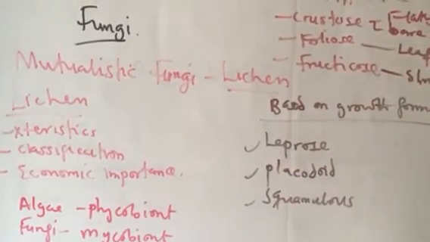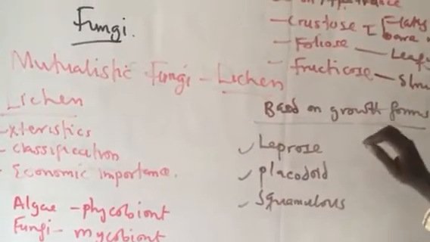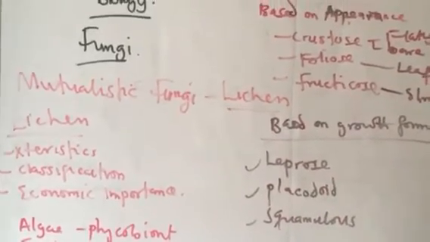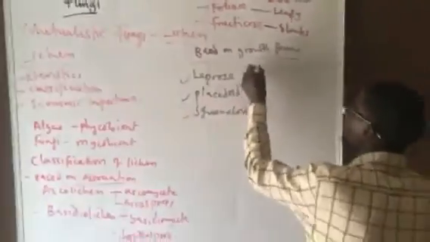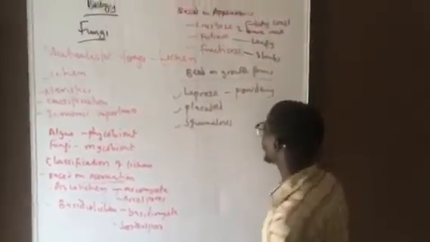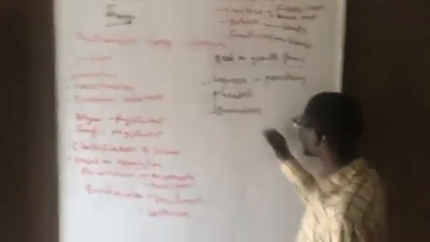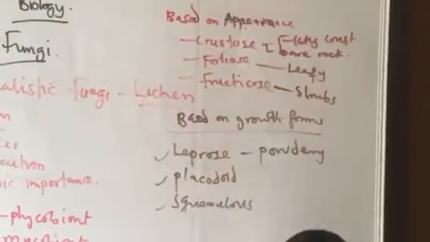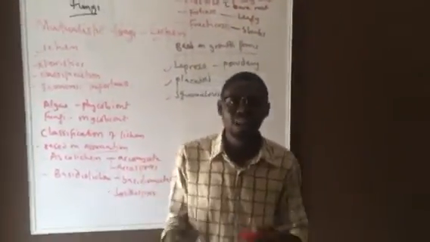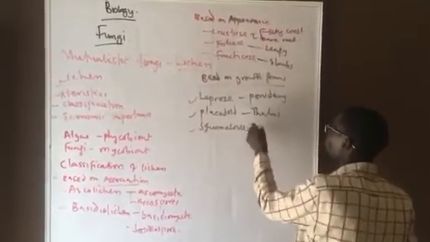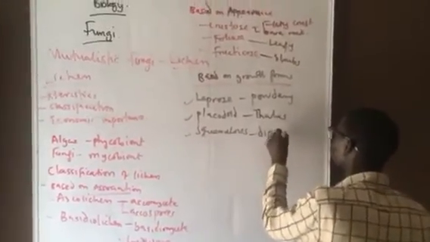When we talk about this group, the leprose are usually powdery or granular, while the squamulose have branching. They have differentiation. While the placodioid have a thalloid structure.